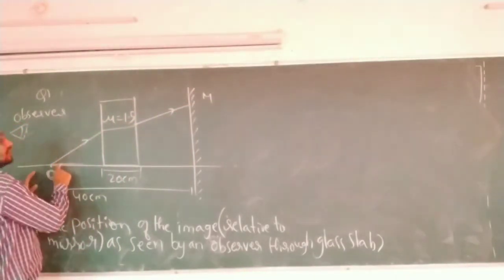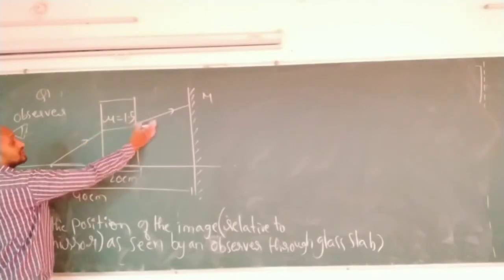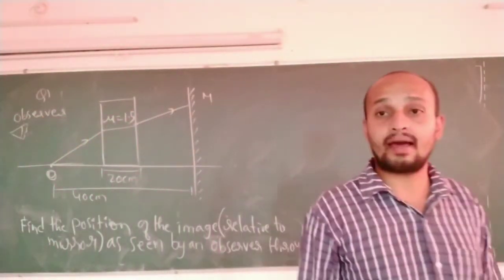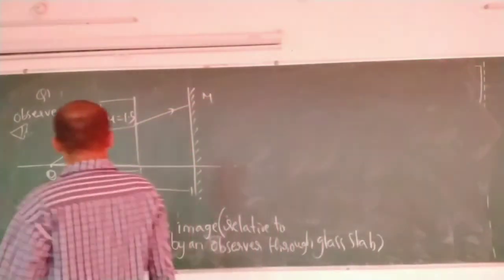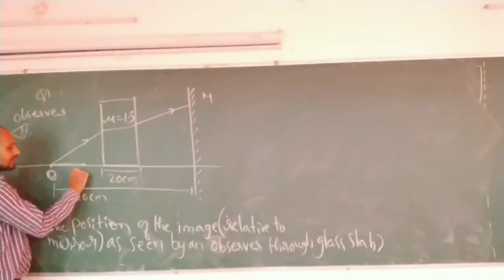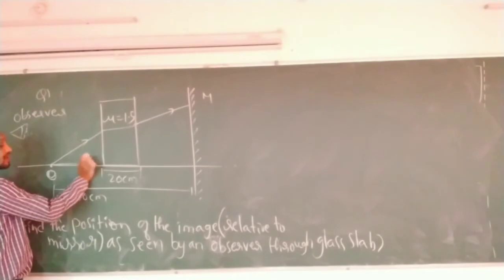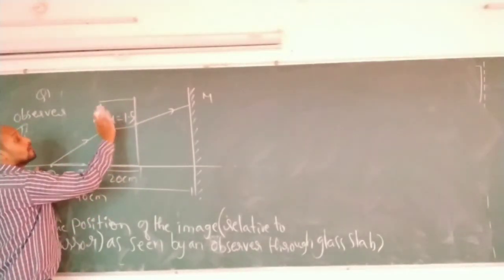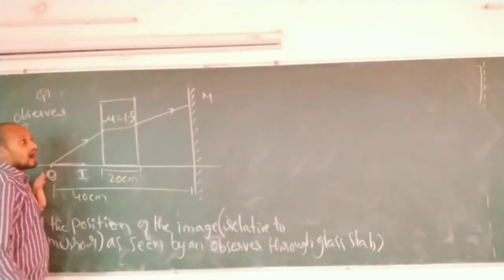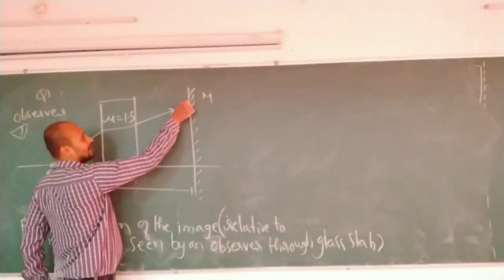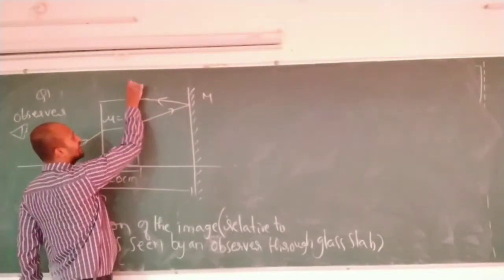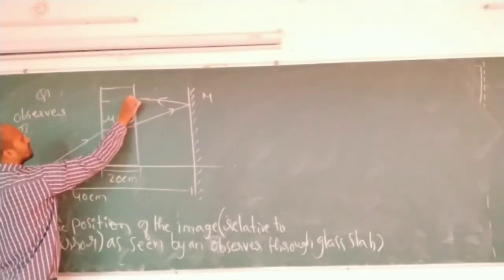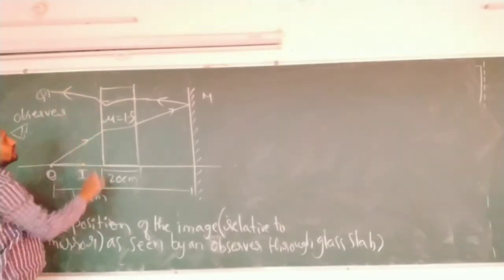So for the first shift through the slab, image I is formed here, after the first time passing through this slab. And this ray will get reflected. Again it will pass through this slab, and it will come somewhat like this.